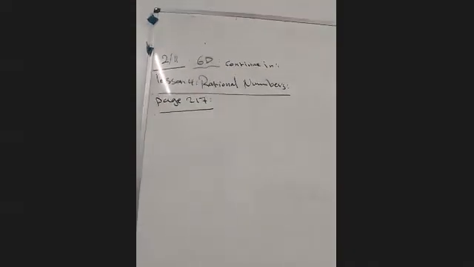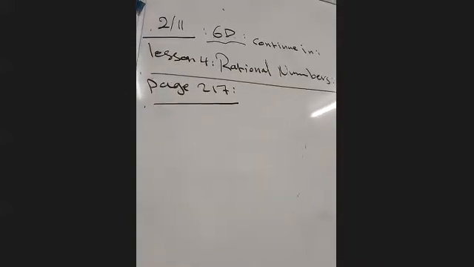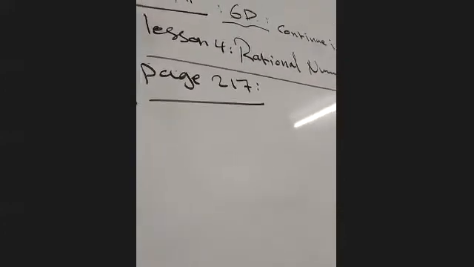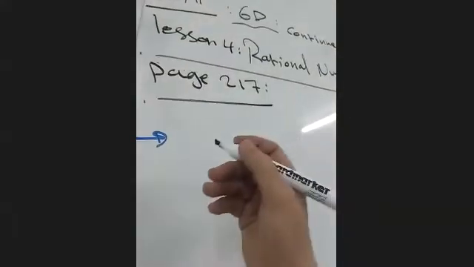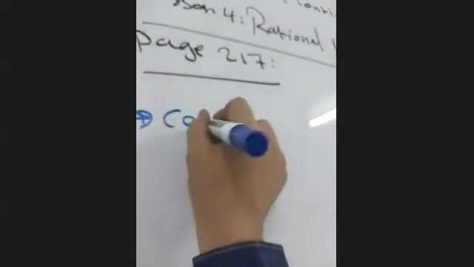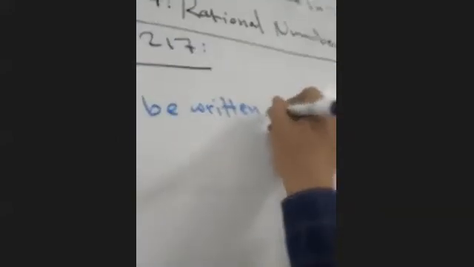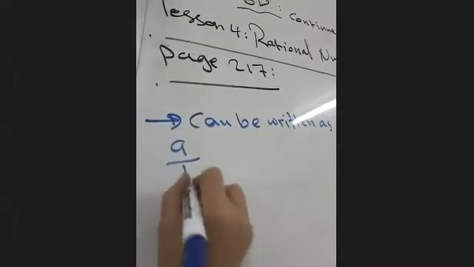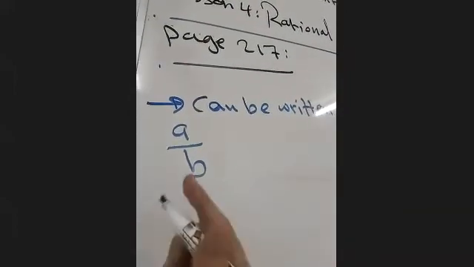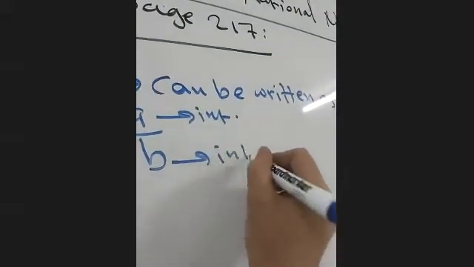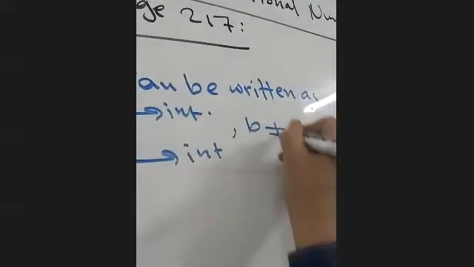As I said before, we will continue in lesson 4, rational numbers, page 217. Let's remember yesterday what we did. Yesterday we said that a rational number is any number that can be written as a over b, like a fraction form, where a is an integer and b is an integer, but b cannot be 0.